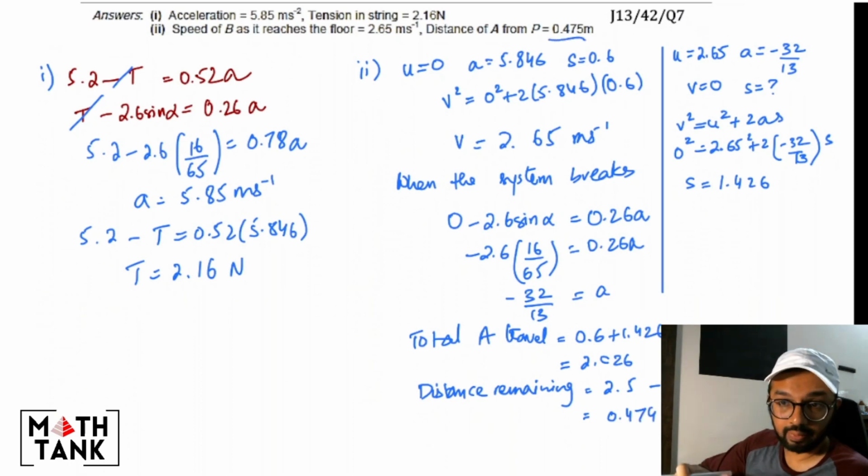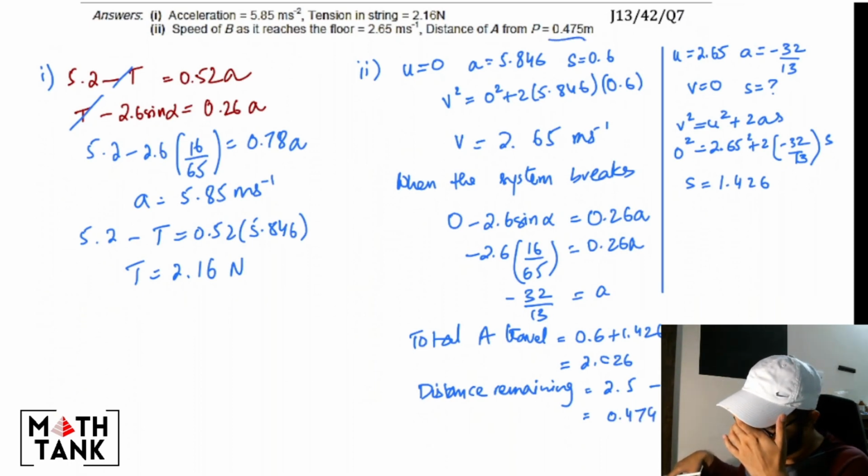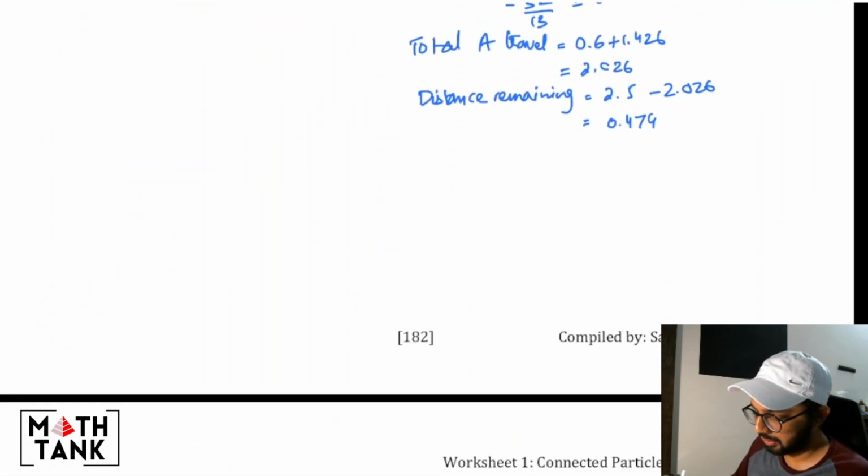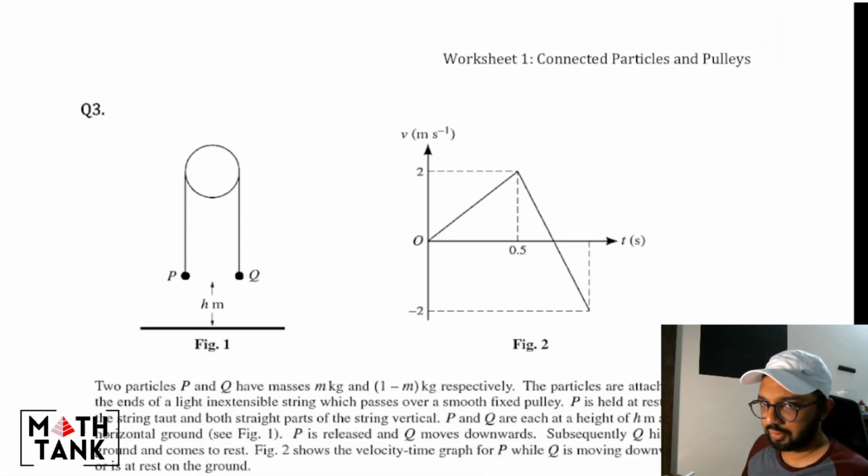There's a bit of rounding off error here. Why? Because I sort of rounded this off. If I had taken the exact value on this, my answers would have probably matched. That's not a problem on the marking scheme probably. These answers are from the examiner report. Okay, it's meters. So moving on to the next question.